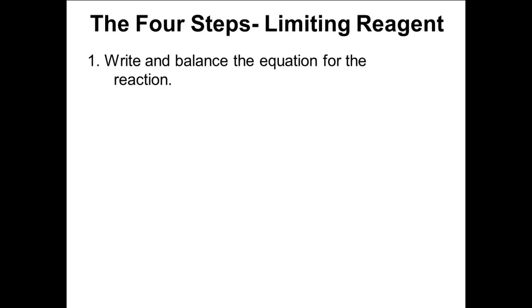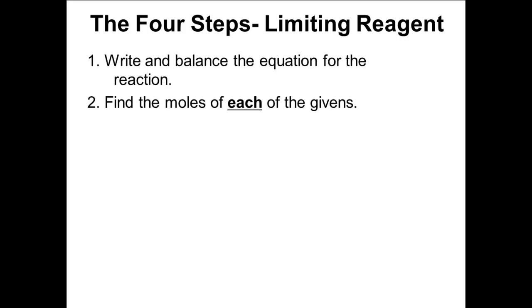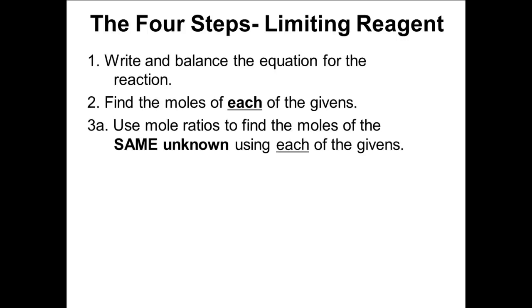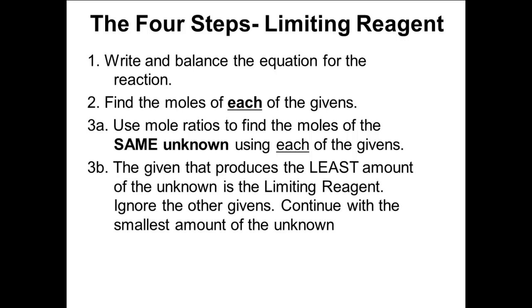Here are the 4 steps again, modified to deal with limiting reagent problems. Step 1. Write and balance the equation for the reaction. Step 2. Find the moles of each of the givens. Step 3a. Use mole ratios to find the moles of the same unknown using each of the givens. 3b.